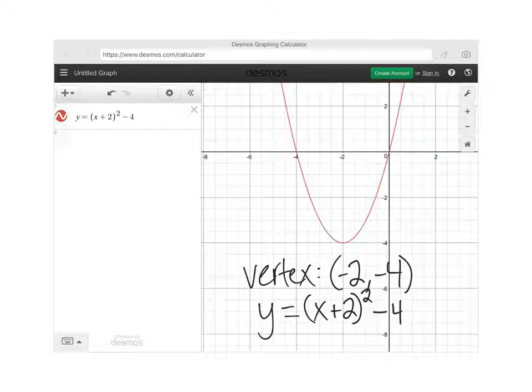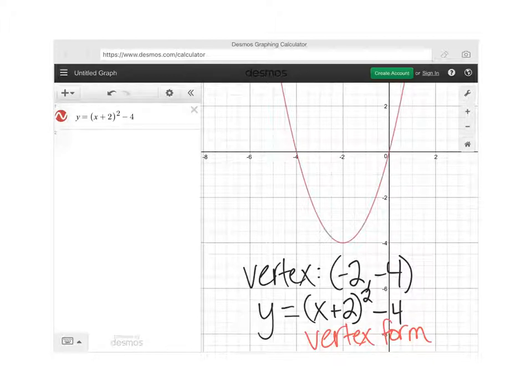So this 2 and this 4 directly relate to each other, and we call this vertex form. Because if you think about it, vertex form has the vertex in it. So the equation is y equals x minus h squared plus k.